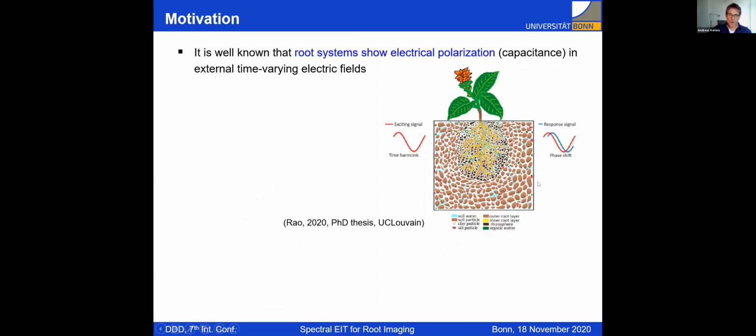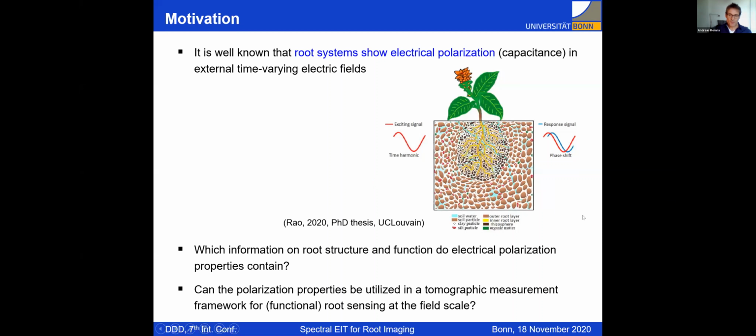To recall the principle of the measurement method, we have a time varying current signal impressed into the subsurface, and we measure a voltage response, where the amplitude ratio of output and input refers to resistance or resistivity, and polarization gives rise to a phase shift between these two signals. That's a measure of polarization or capacitive effect associated with the soil root system.